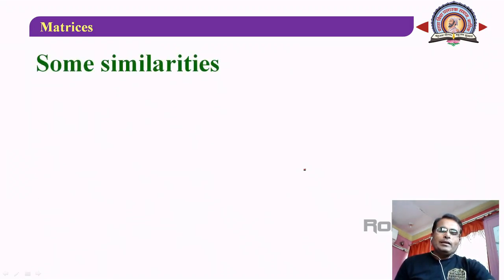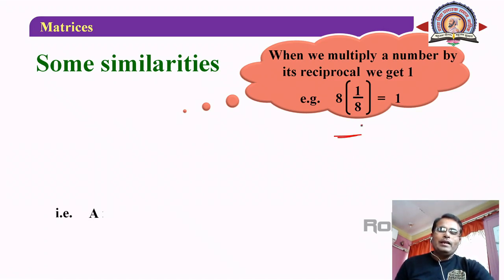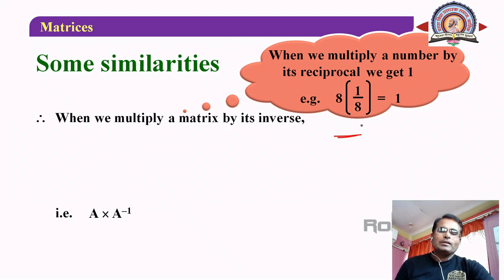What are the similarities here? When we multiply a number by its reciprocal, 8 into 1 by 8, what happens? Yes, it is 1. Now let us see what happens with A into A inverse. When a number is multiplied by its reciprocal, we get 1. Similarly, when a matrix is multiplied by its inverse, we get 1, but that 1 in matrix algebra is nothing but the identity matrix.